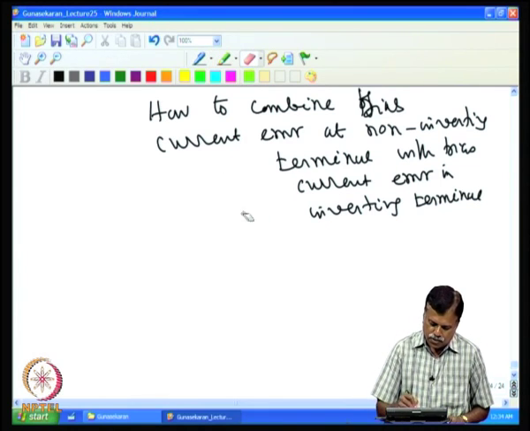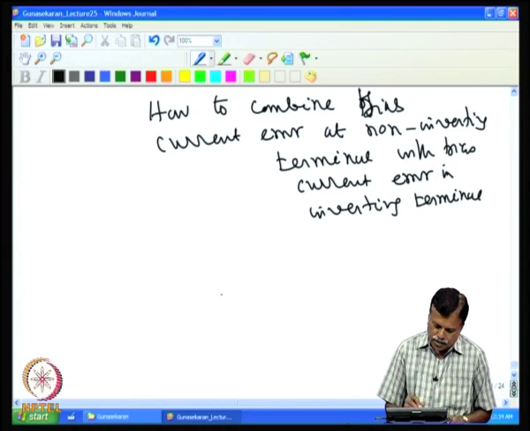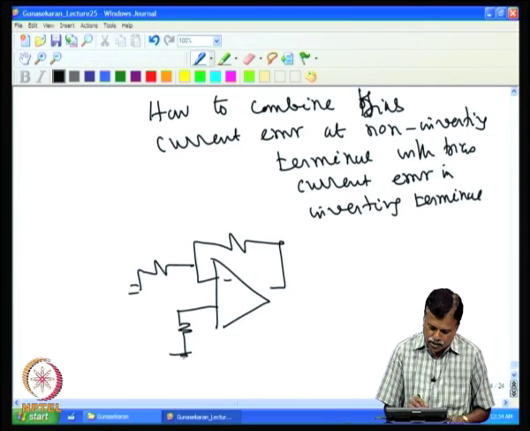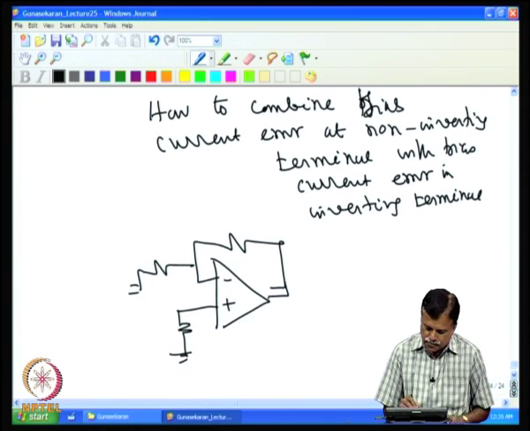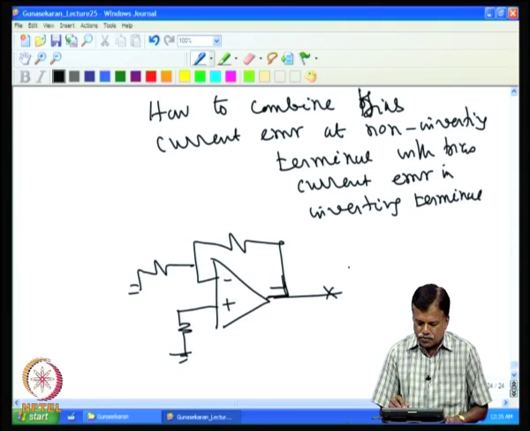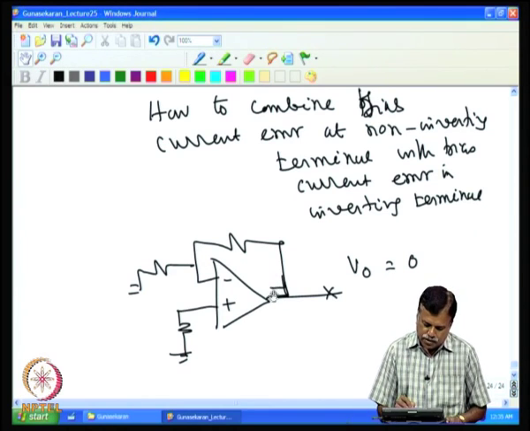Now, what we can do is that we can put the circuit like this. I can have this, I can have resistance here. Now, I have no input voltage. Assume the offset voltage is 0, then the V output can be made 0, even though there is a bias current, because the bias current for the minus terminal is flowing like this and producing a positive voltage.